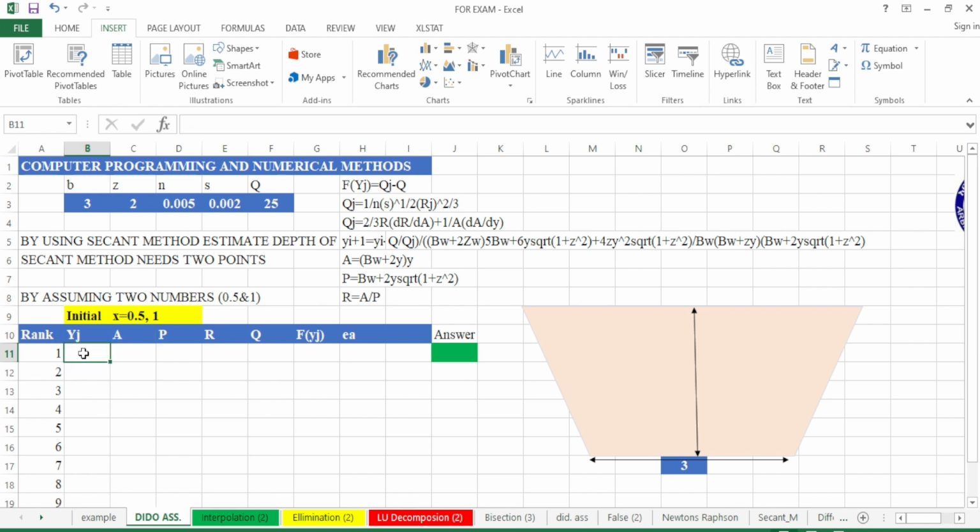I have to type trial depth here, 0.5 and 1 from the data set. This is the trial depth.